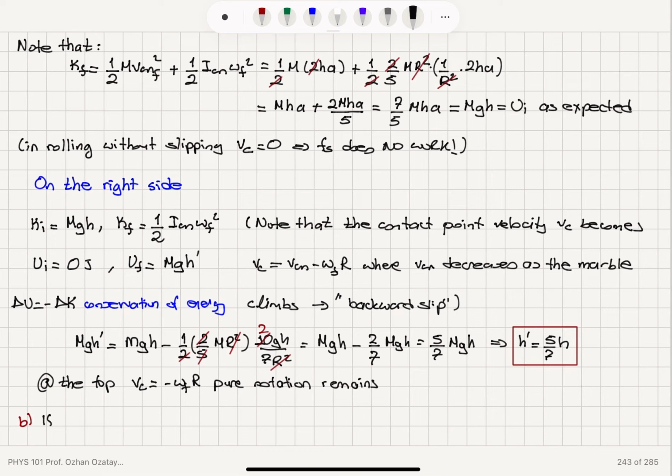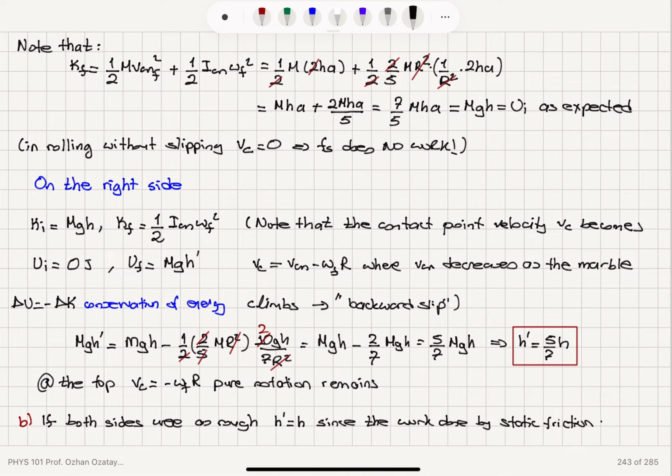If I had both sides as rough, because the static friction does no work, H prime would be equal to H, since the work done by static friction is 0.